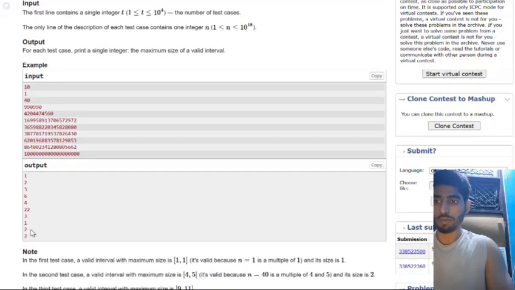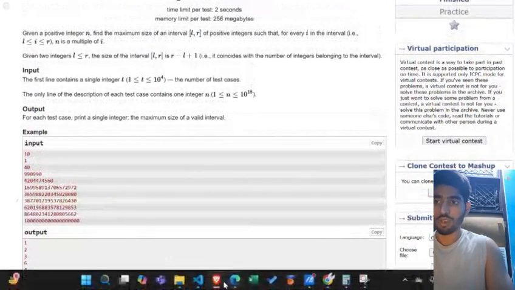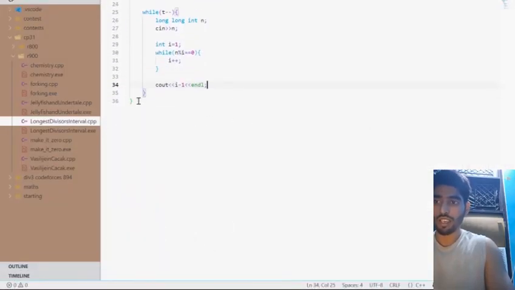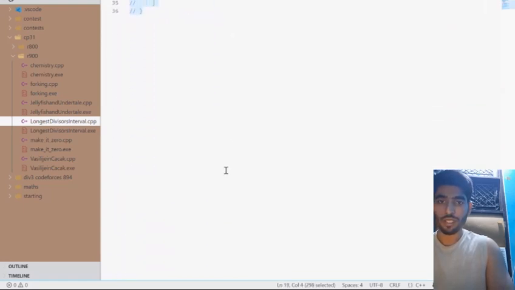If we go i plus plus, then 2 cannot divide 1. Same for 40: 1 can divide 40, 2 can divide 40, but 3 cannot. So our i will go till 3, and we can return i minus 1. Similarly for 990, at i equal to 1 it will be divisible, at i equal to 2 it will also be divisible, at i equal to 3 it is divisible, but for i equal to 4 it is not divisible.